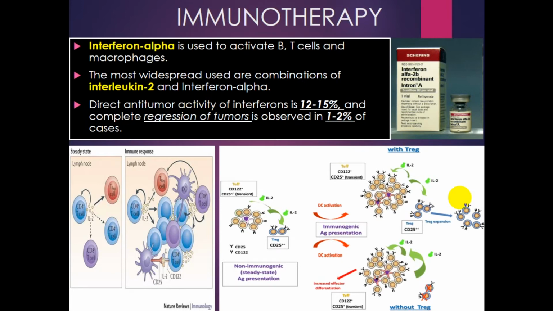The combined action is more commonly used and effective. Direct anti-tumor activity of interferon is from 12 to 15%. Not very much, but who knows what will help this patient, because everything is individual according to the immune state of person and other factors. Here you can see the mechanism of immunity.